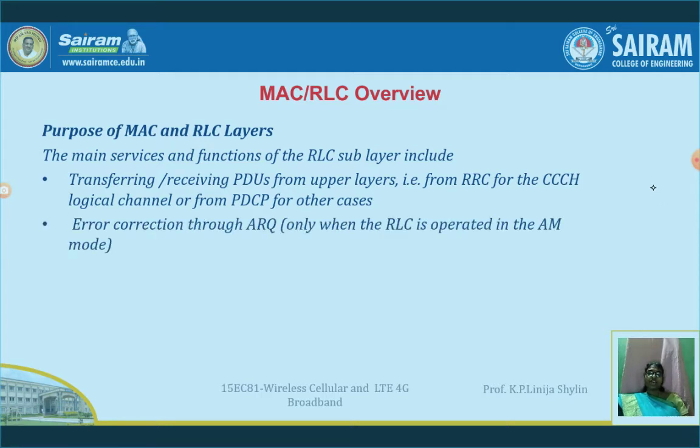The next is error correction through ARQ. As already discussed, the acknowledgement mode supports the ARQ mechanism, so error correction is done through the ARQ mechanism.